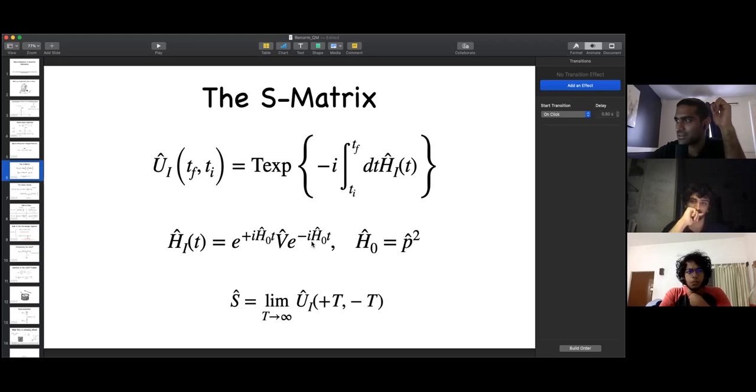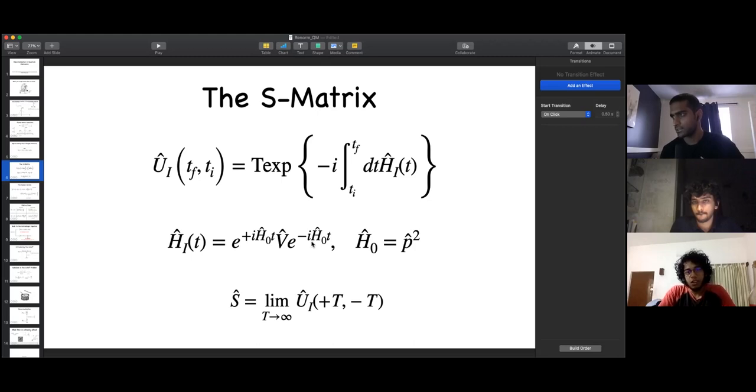Probably you're just extracting V out of it. The exponential is a unitary operator, so you're sandwiching the V between the unitary operators, trying to separate out the H naught from the potential.